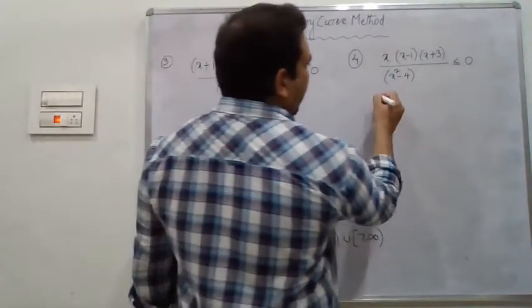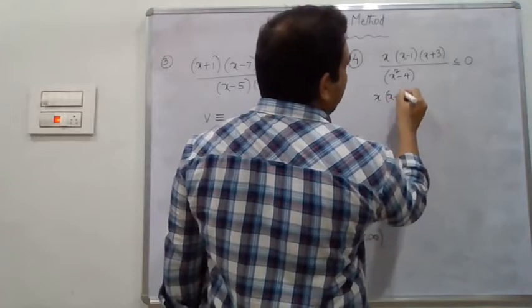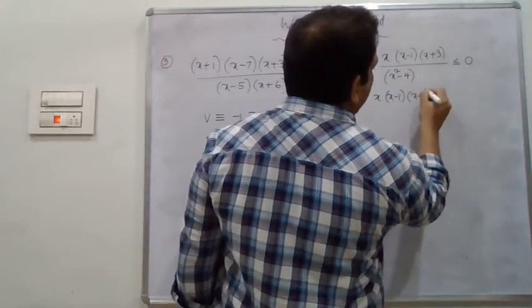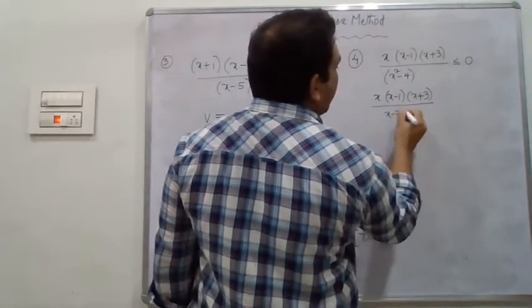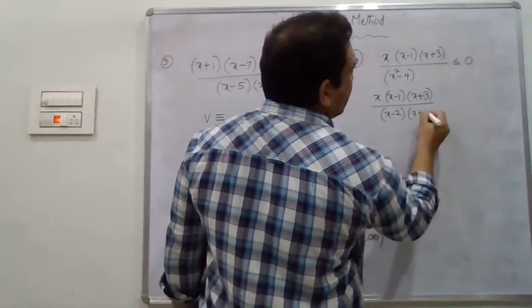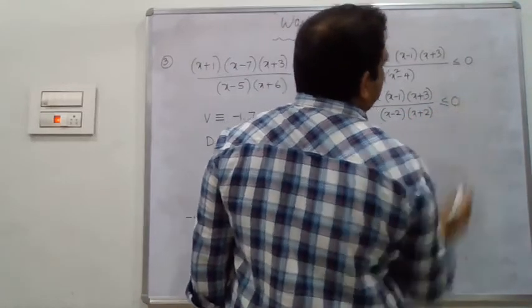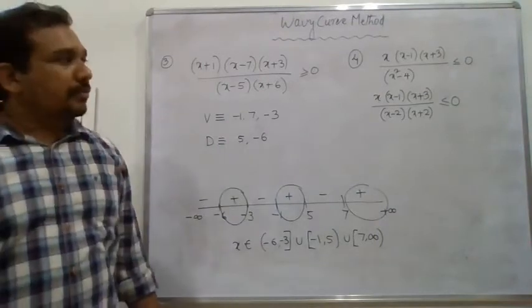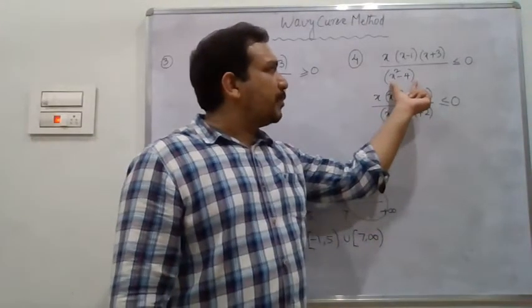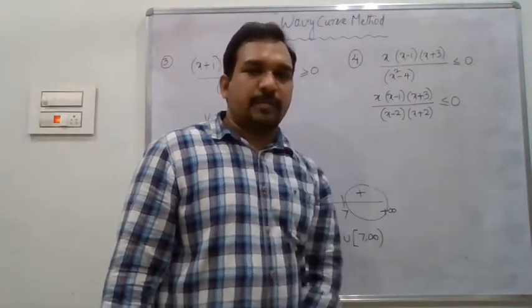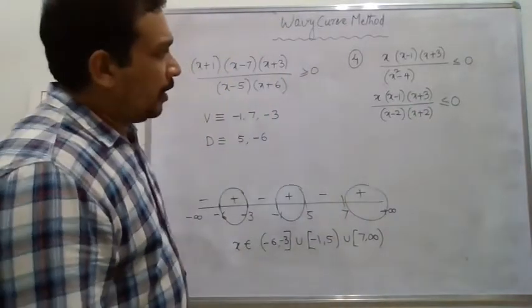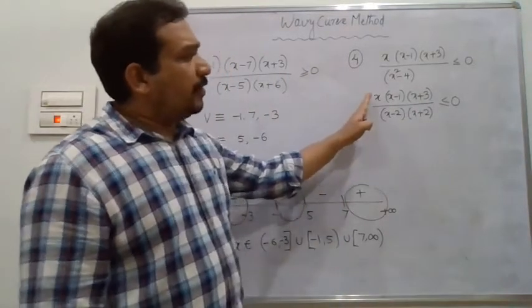How? We can write this as x into x minus 1 into x plus 3 by x minus 2 into x plus 2, less than or equal to 0. I have rewritten the question. Instead of x square minus 4, I wrote x minus 2 into x plus 2, using the a square minus b square formula.